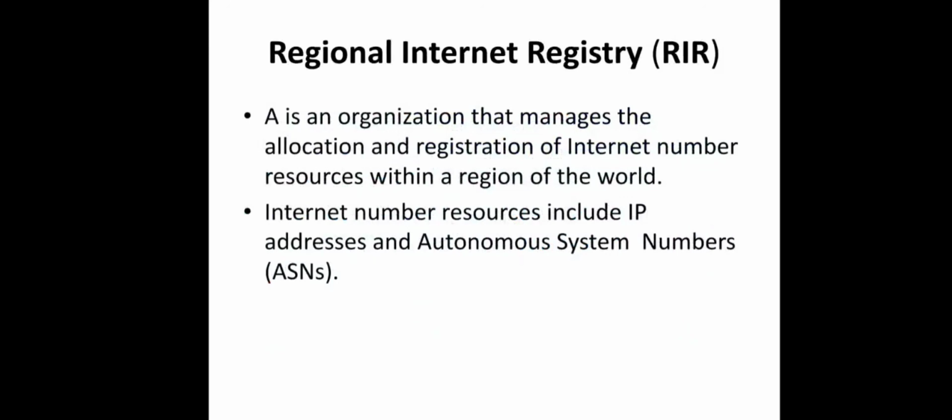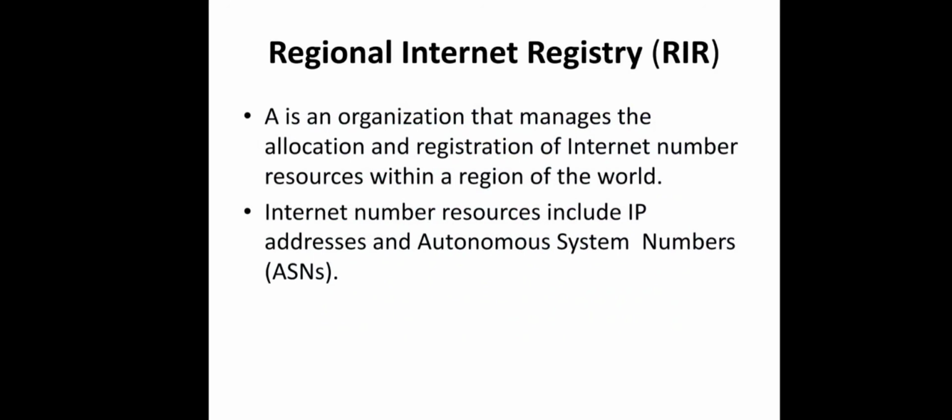Each RIR, that is each regional internet registry, may again be further divided into a set of local internet registries, which further divide the addresses into the corresponding local area. If a particular autonomous system or ISP requires an autonomous system number, it should apply and register with the corresponding internet registry to get the number.